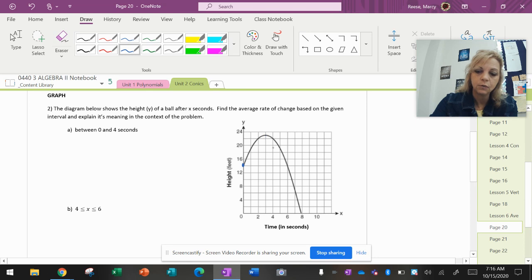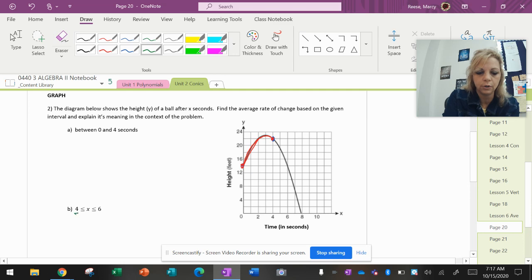Now you can see, remember, average rate of change is either increasing or decreasing. If I look at this section in red here, overall, it's an increasing rate of change. There's a little piece that starts to go down, but your answer should be increasing. It should be positive.